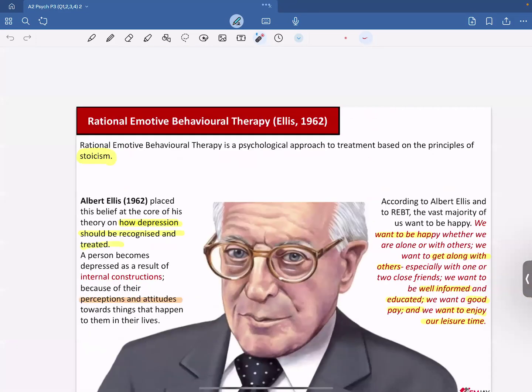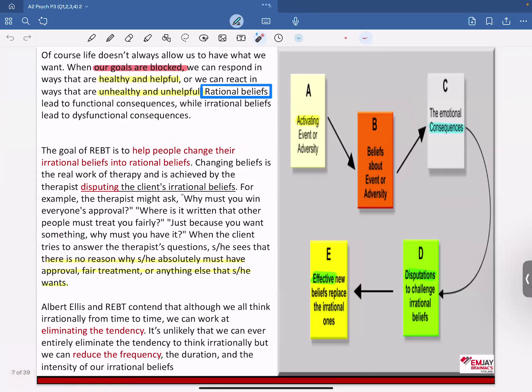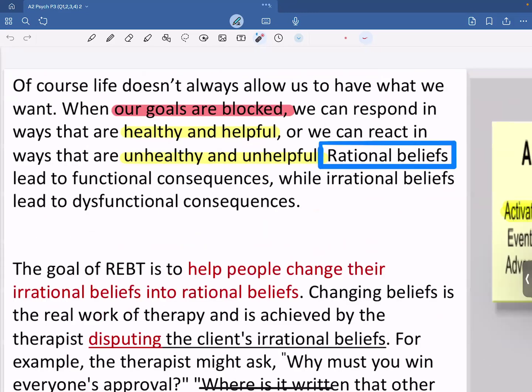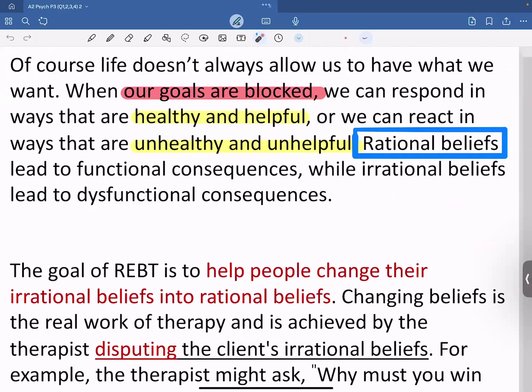However, according to Ellis again, of course, life doesn't always allow us to have what we want. When our goals are blocked, we can either respond in a healthy and helpful way, or we can react in a very unhealthy and unhelpful manner. So, putting it all together, us as individuals, any layman, any common person would always want the best things to happen to him or her in life.